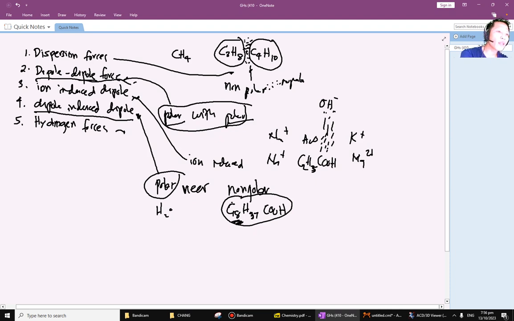So the last one is a hydrogen force. Actually, hydrogen force again is a dipole-dipole force, but the condition of it is it must have an electronegative substance, particularly oxygen, chlorine, and fluorine. I think these are the only three.